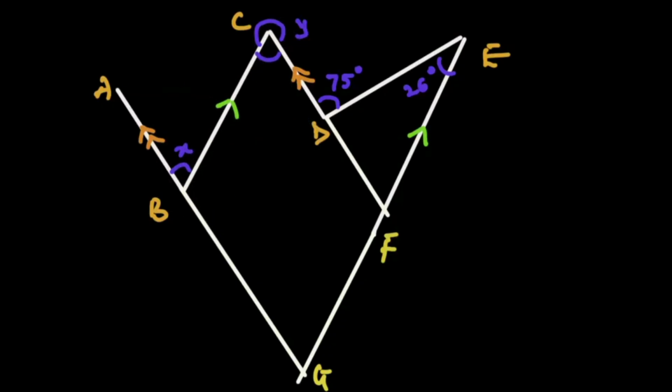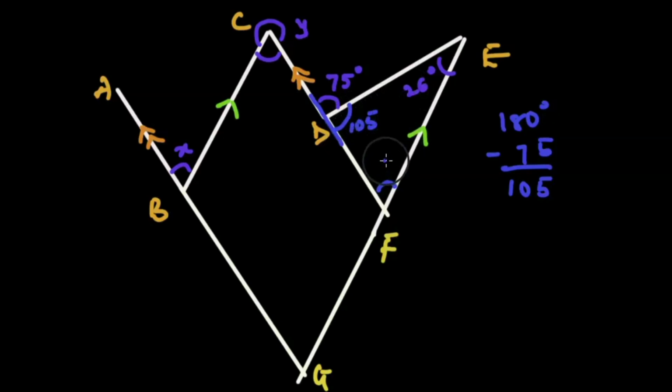Okay, so I can get this angle. That's because this is a straight line, and the sum of angles on a straight line is 180 degrees. So this angle right here will be 180 degrees minus 75, and I would get an answer of 105. This is 105. I can also get this angle. The sum of angles in a triangle is 180 degrees.